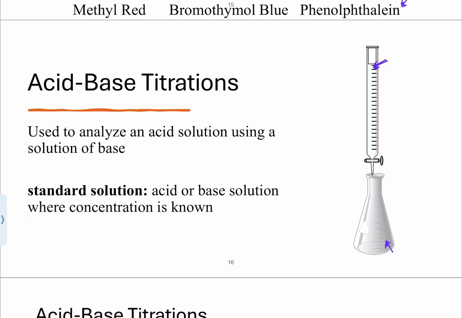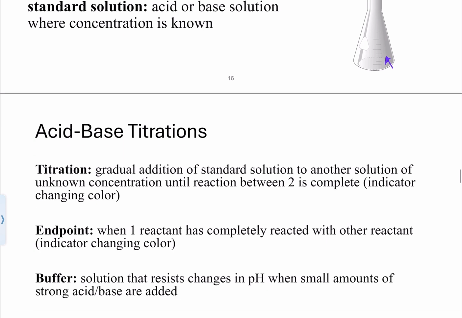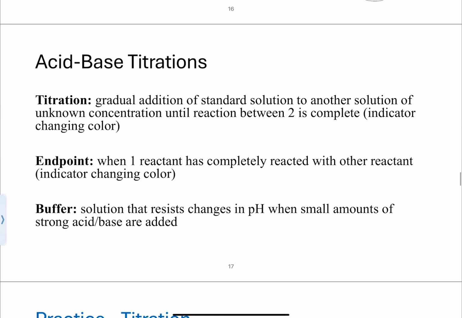And what it's holding is your known solution with known volume and known concentration. And you're going to slowly deliver the solution that's in your burette into the flask until you have a color change. And once you have the color change, that means you've reached something called your endpoint, which tells you when one reactant has completely reacted with another reactant.